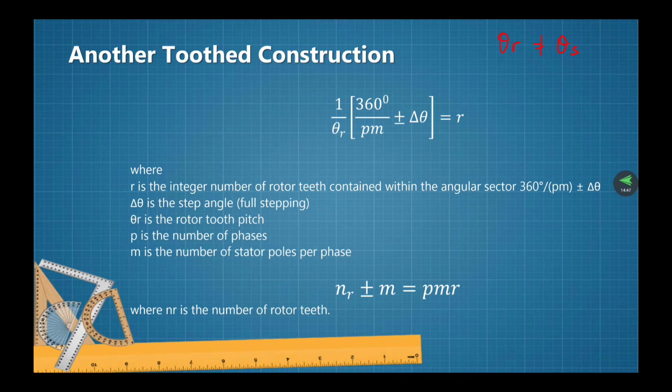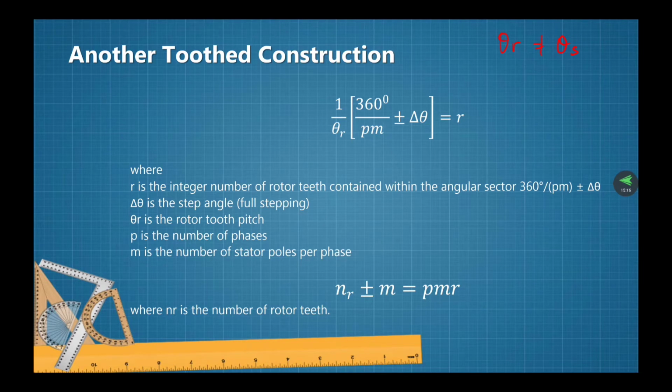When the stator teeth in pole 1 are perfectly aligned with the rotor teeth, the stator teeth in pole 2 will have an offset of delta theta with the neighboring rotor teeth. This offset can be either in the counterclockwise direction or in the clockwise direction.